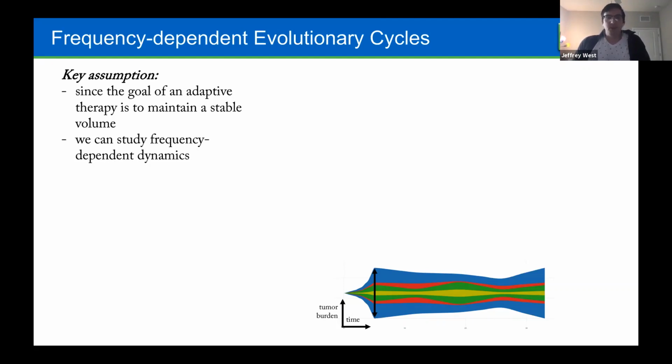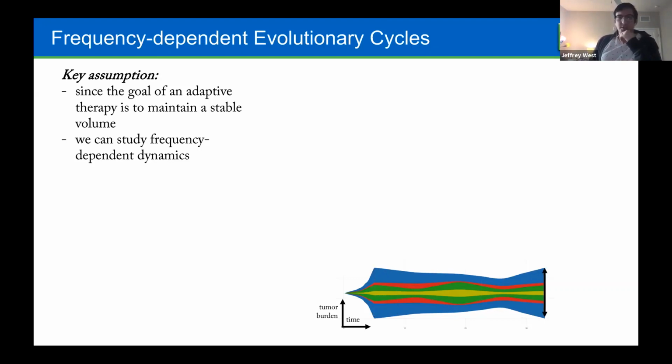This comes with a lot of caveats, of course. We need to be able to control the volume, and maybe in some situations that might not be possible. But let's see if we can ignore the complexity of a changing volume and see what the goal would be if we were just looking at the frequency dependent domain.